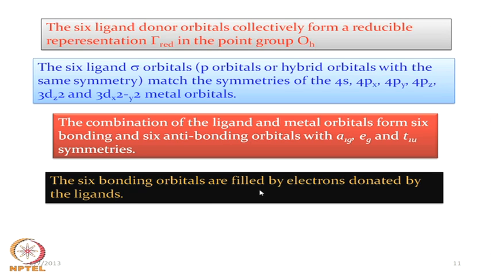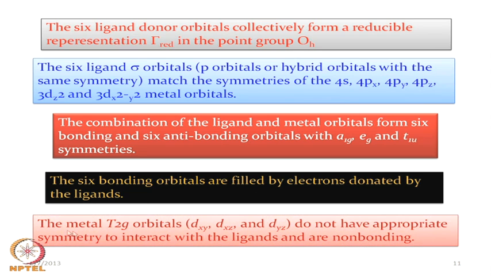So, 6 bonding orbitals are filled by electrons donated by the ligands. Whatever bonding orbitals we have, those will be occupied by the ligand electrons which are donated to the metal center. Now the metal t2g orbitals: these are the A1g, Eg and T1u set, but the t2g set, and the eg set, is the spectroscopic level and the orbitals are labeled with lowercase t2g.